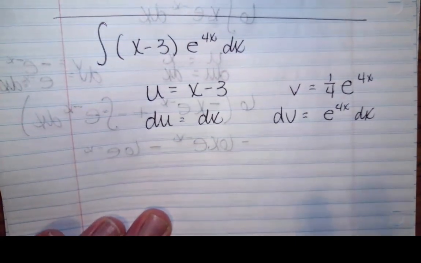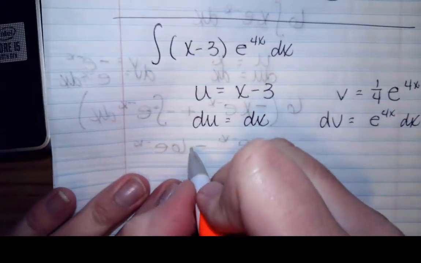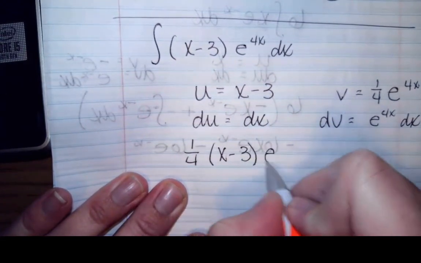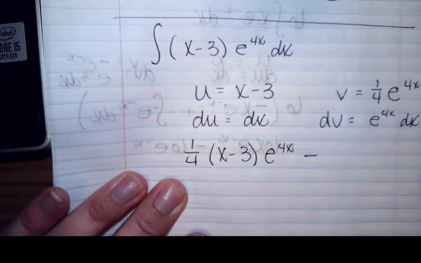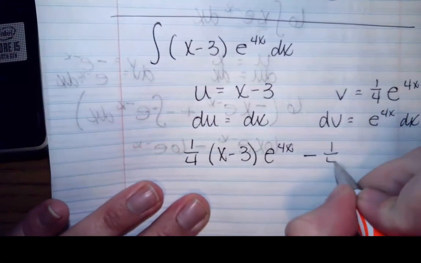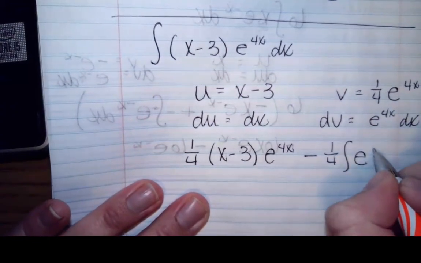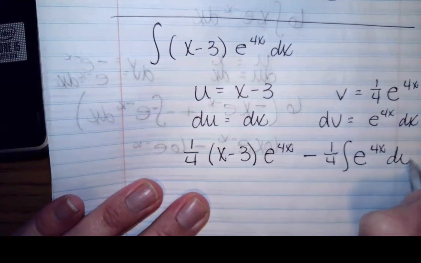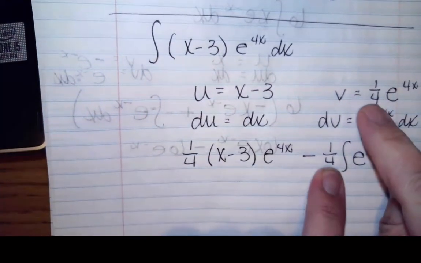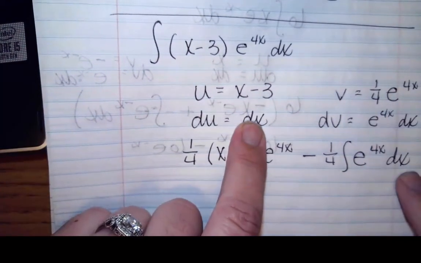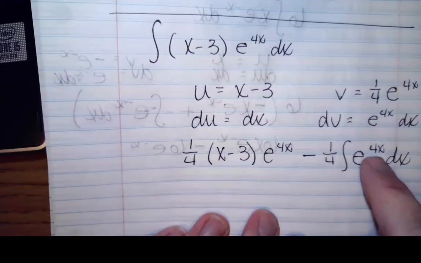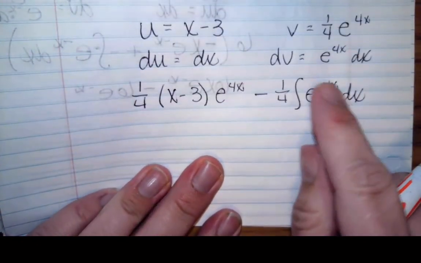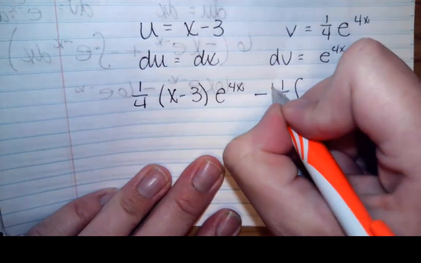Okay, so my formula is uv, so 1/4 times x minus 3 e to the 4x minus the integral of e to the 4x dx, so 1/4 e to the 4x dx. I'm going to have to balance this one again. My u is 4x, so I need a 4 balanced with a 1/4.